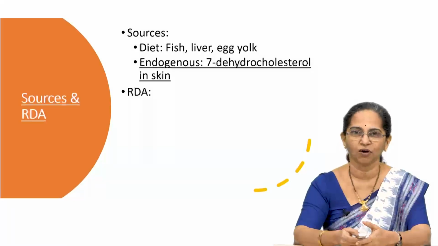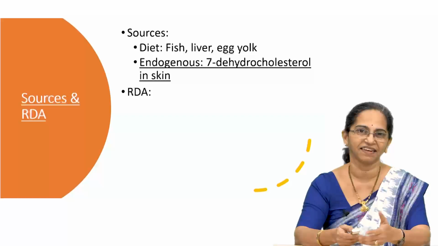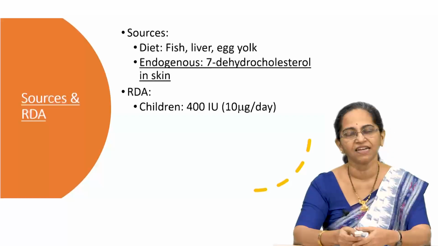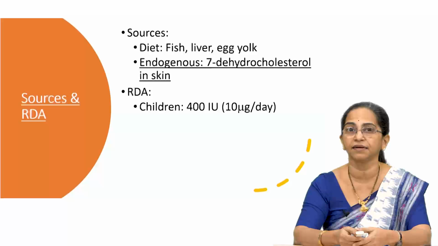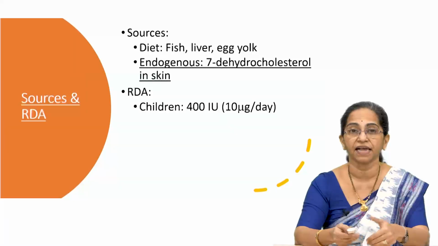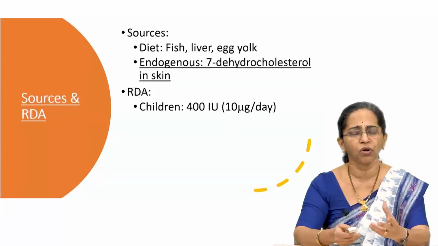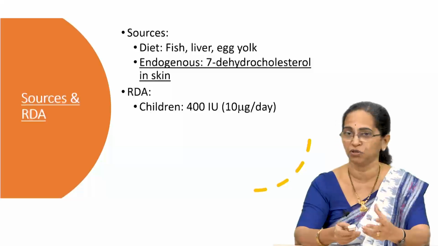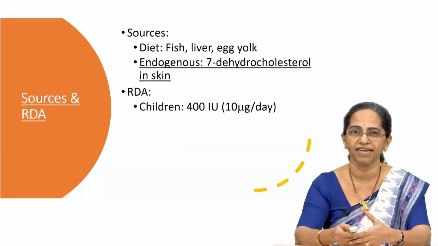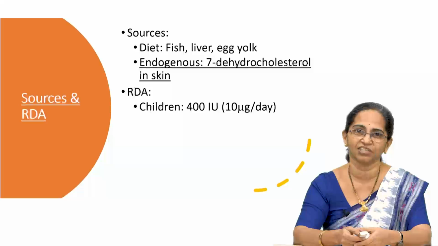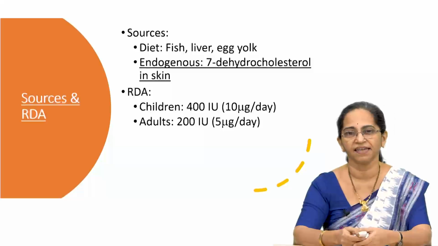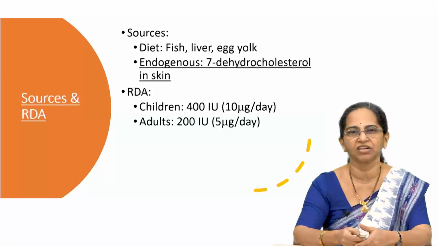What's the RDA? All of you know what we mean by RDA, recommended dietary allowance, right? For children, it's higher. They are in a growing period. Bones are growing. Calcium requirement is more. You all know that vitamin D is important for calcium homeostasis. So, children will need about 400 international units per day, whereas for adults it's relatively less, bones have been fully formed, so it's about 200 international units.